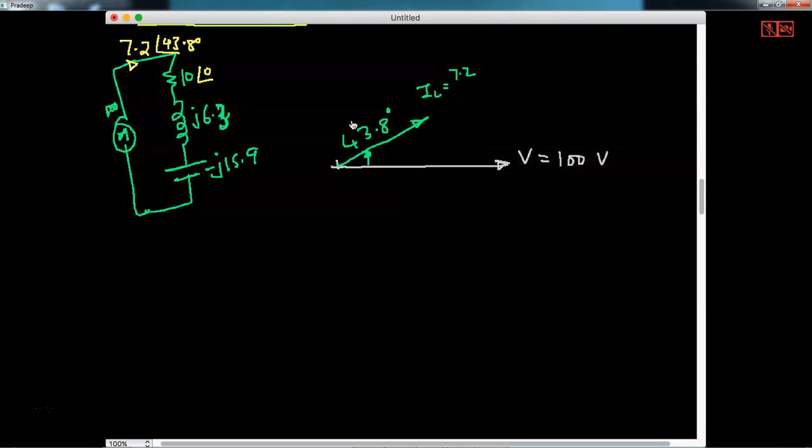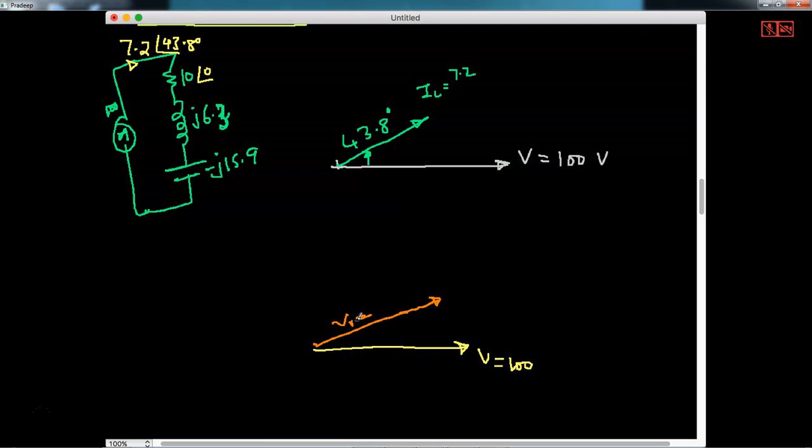So let me draw separately. This is the overall voltage V equal to 100, and here 72 volts, I am getting something like this. This I am calling VR.